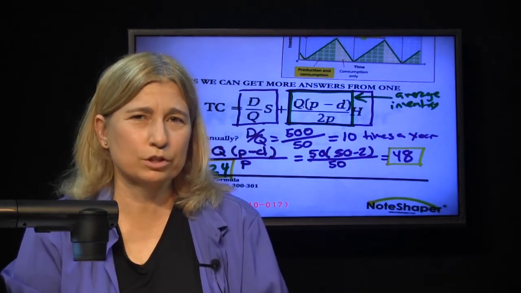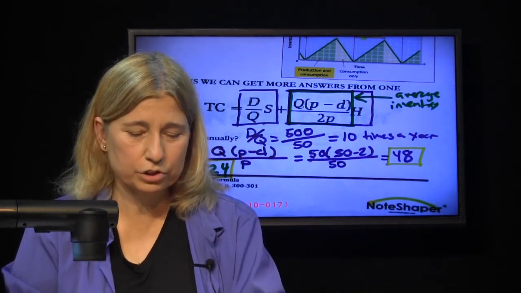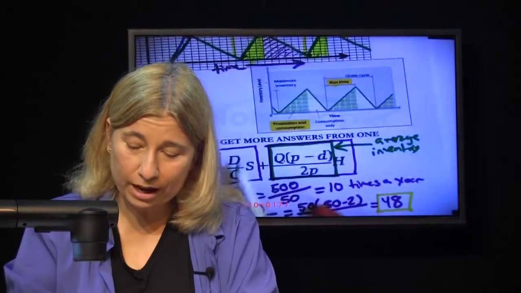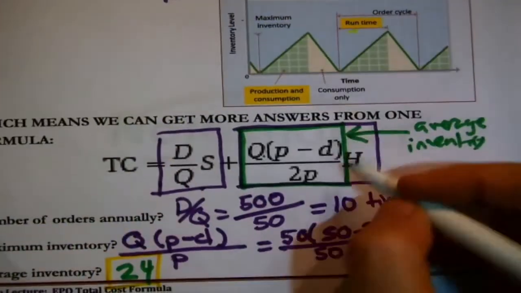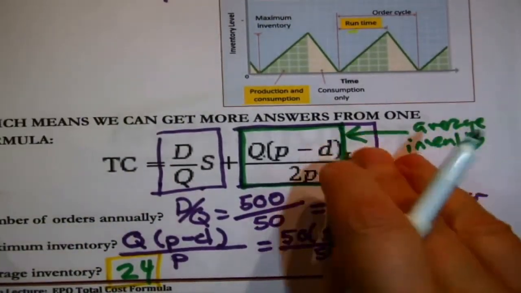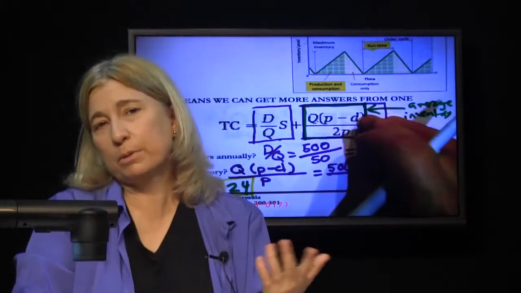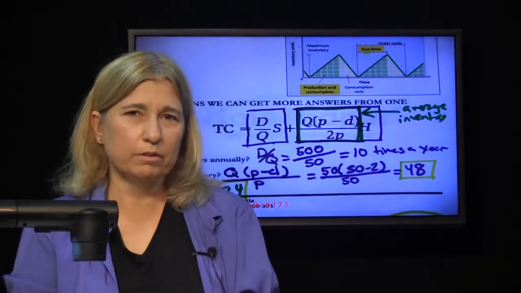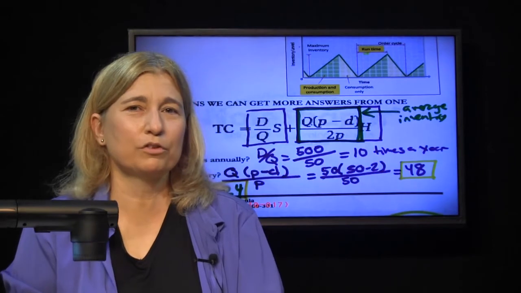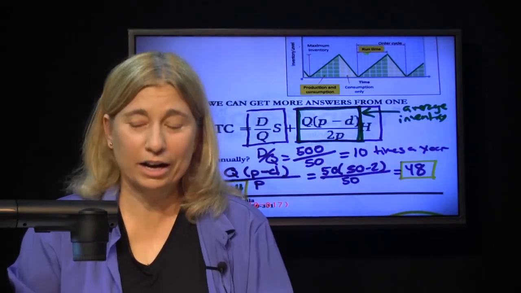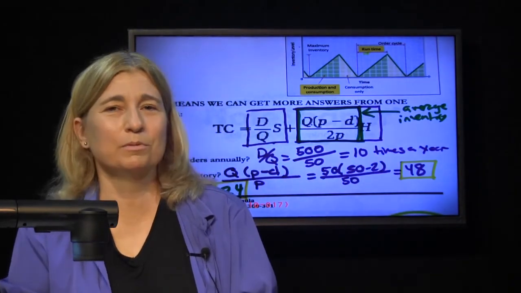The maximum inventory is always twice the average inventory. So if you had this formula, you know to go into this half, cover up the H, that's average inventory. Then if somebody asks you, what's maximum inventory, what's the most we'll ever have to store, just double that answer and you have maximum inventory as well.